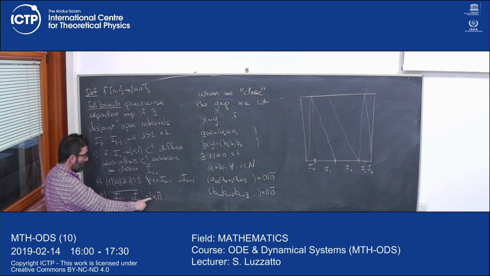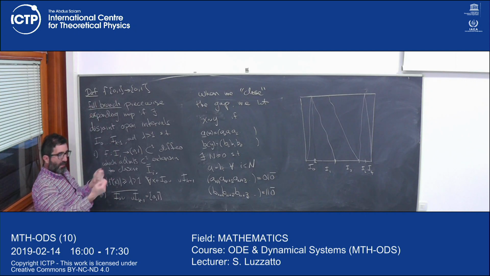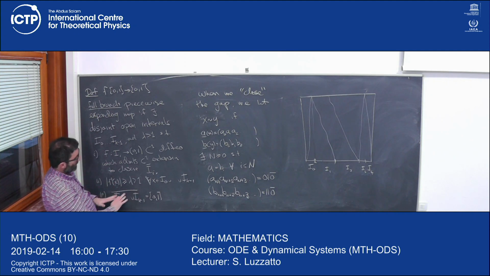And this simply says that this is an actual map defined on the whole interval, because otherwise, in the cases we looked at before, we only needed it to be defined on these small finite intervals. So this is just saying that it's that picture there.